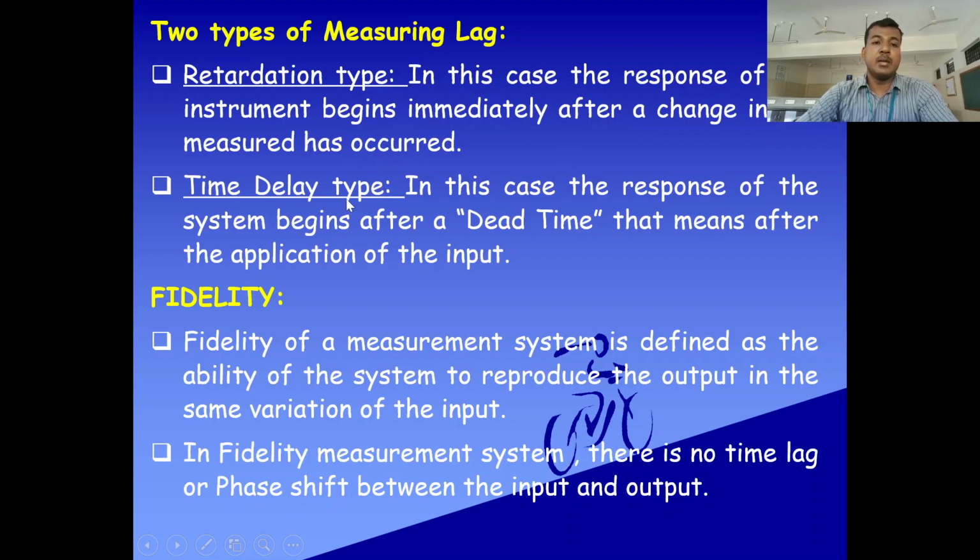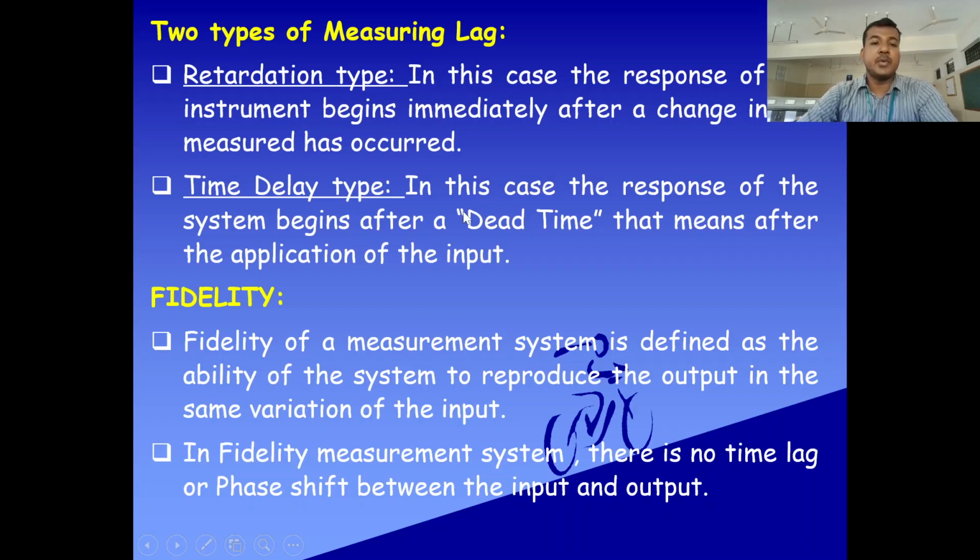In the time delay type, the response begins after a dead time, that is, after the application of the input. So there will be a time lag in the time delay type.